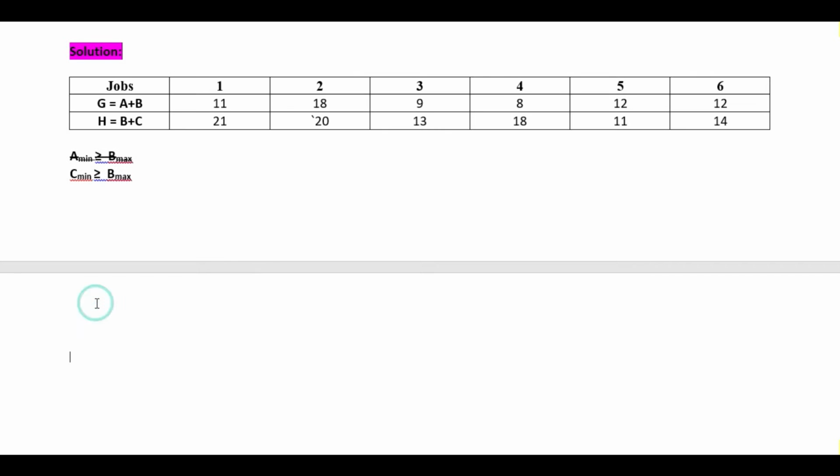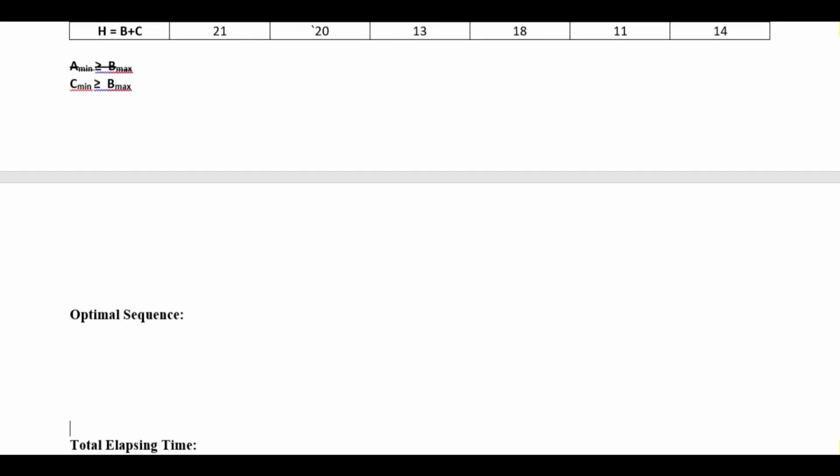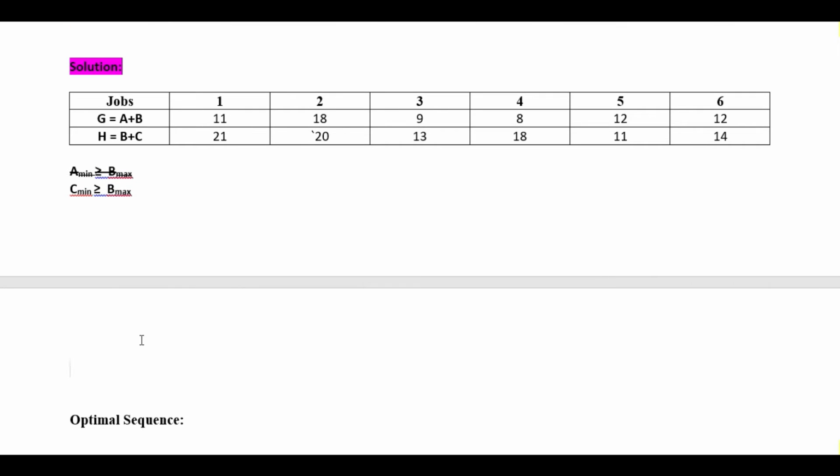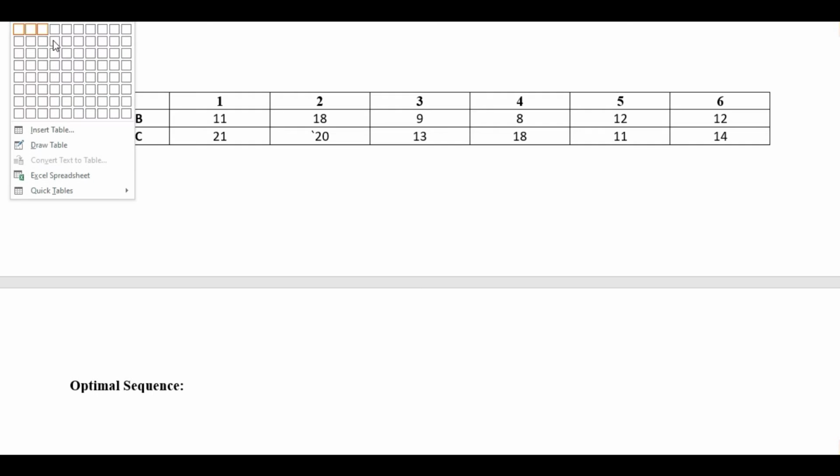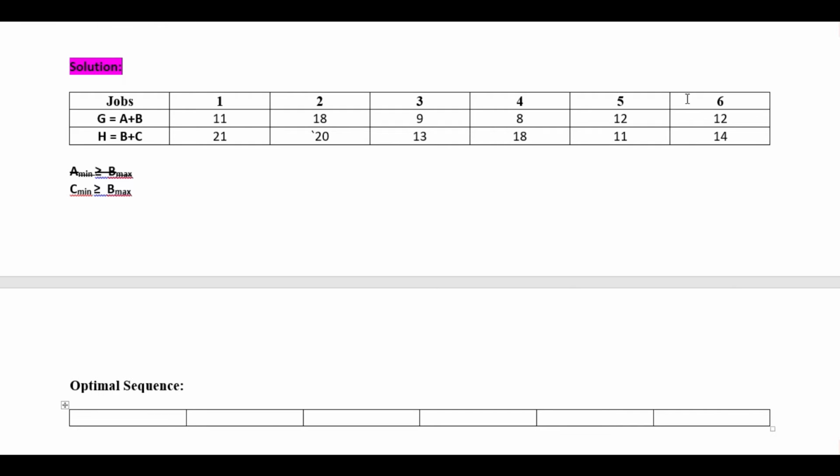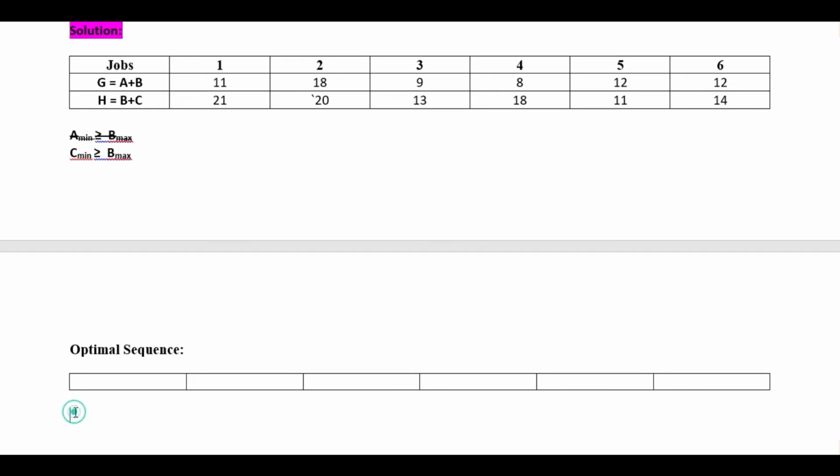Now we have to find out the optimal sequence. To find the optimal sequence, make 6 boxes, because we have 6 jobs.